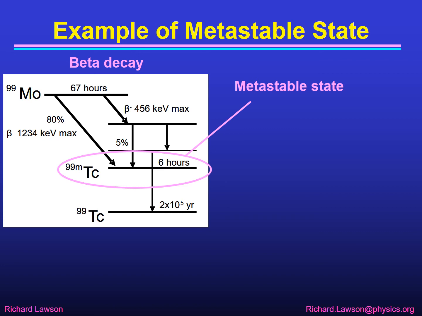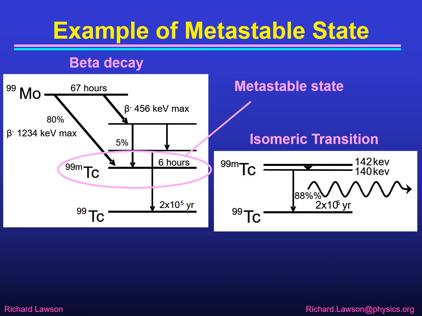In fact, because it lasts long enough, we can separate that out from the decay of the molybdenum and look at that as if it was a separate entity in itself. So we can write the decay scheme for technetium-99m, which decays by isomeric transition from this energy level here at 140 keV. In 88% of cases it gives off this gamma ray of 140 keV and ends up at technetium-99.